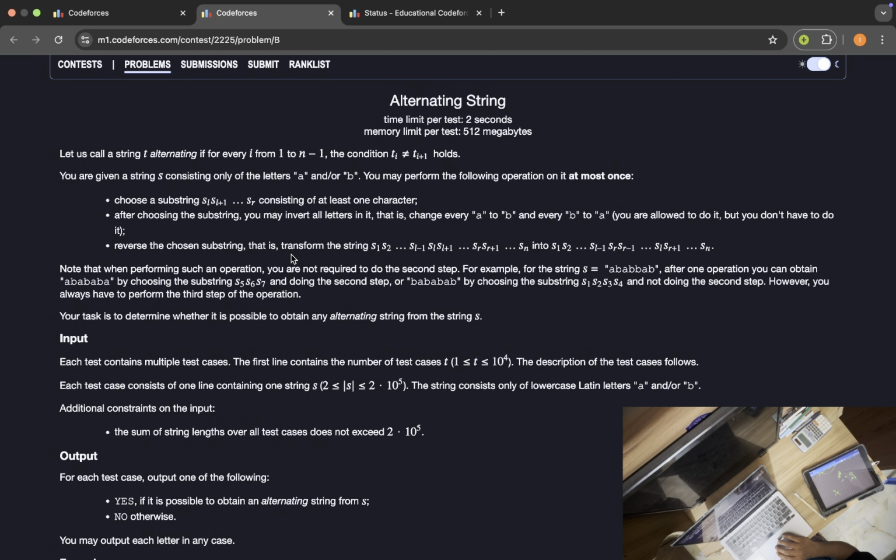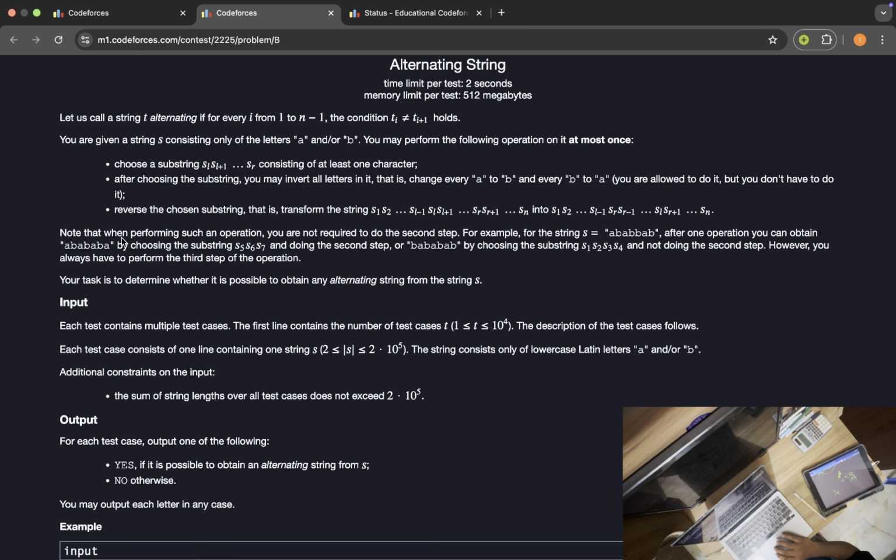Reverse the chosen substring, that is, transform the string.